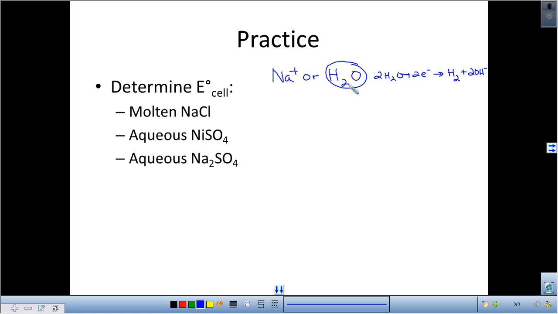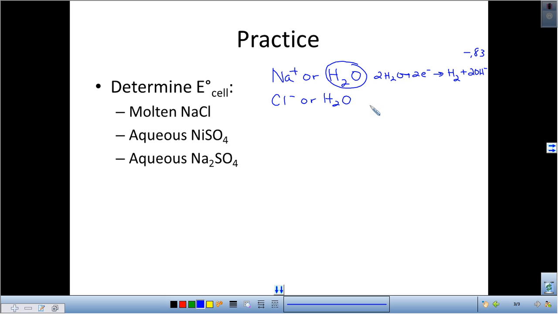All right, so it was the water that was reduced. What's the reduction potential of that? Well, it's straight off the sheet. It's negative 0.83. So now the next question is, well, is it the chlorine ion or water that's going to be oxidized?